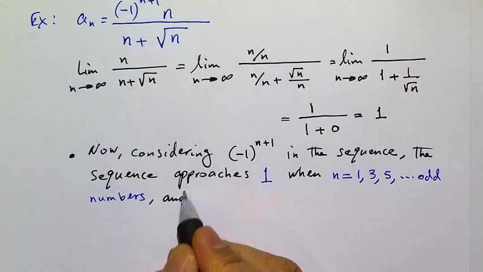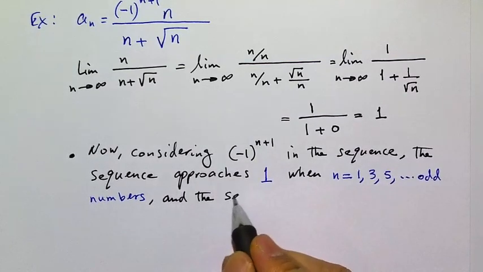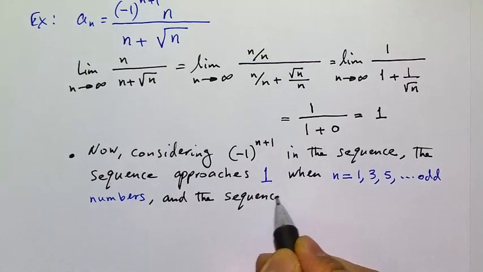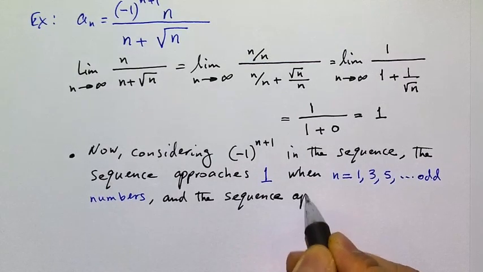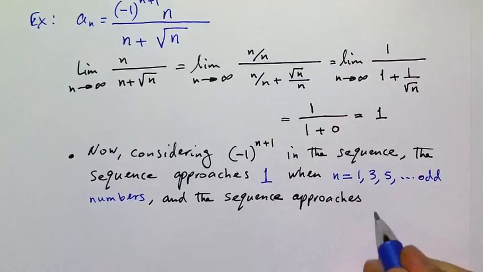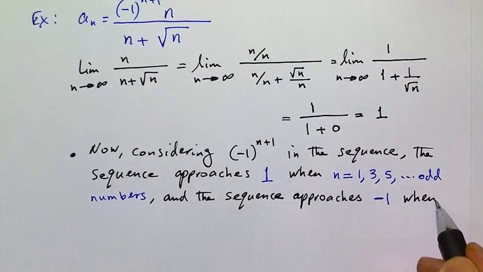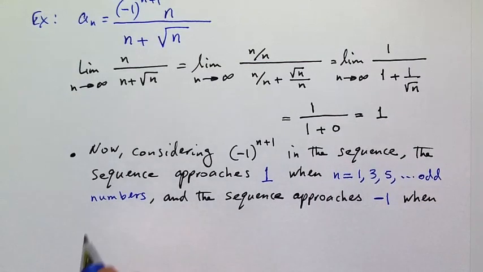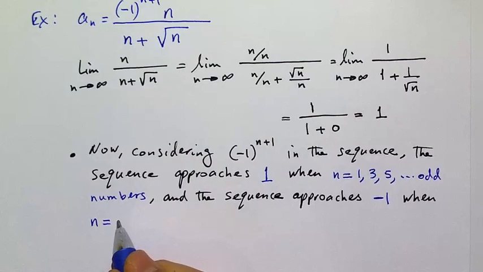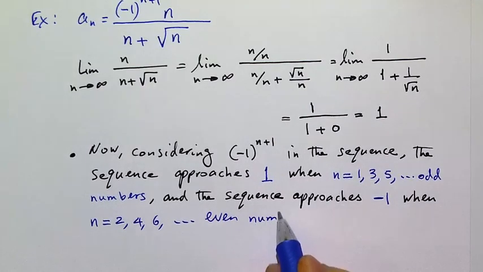And the sequence approaches -1 when n equals 2, 4, 6, or any even numbers.